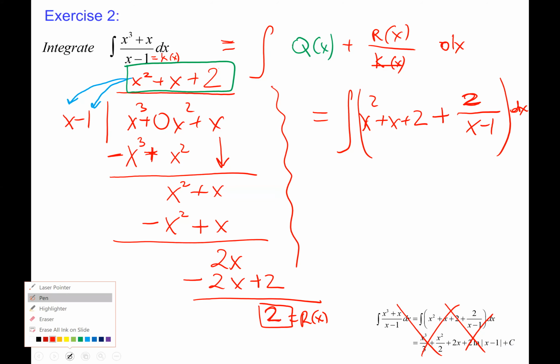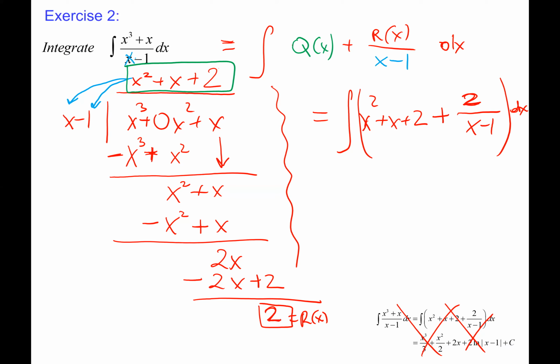Actually, do you know what? I don't even have to introduce new letters. I can just call this x minus 1 because I don't have to.